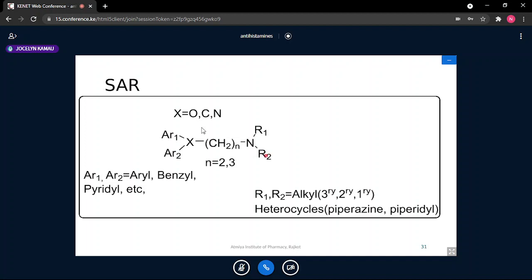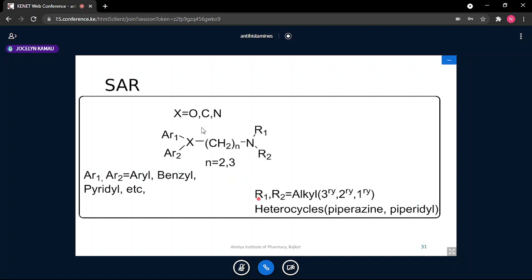So when you look at most of the compounds that we have, the Ar can either be a phenyl, it can be a benzyl ring, it can be a pyridyl ring. In some of the compounds, one of these can be a benzyl ring with retention of activity. Again, we see the different examples as we look at the specific groups.